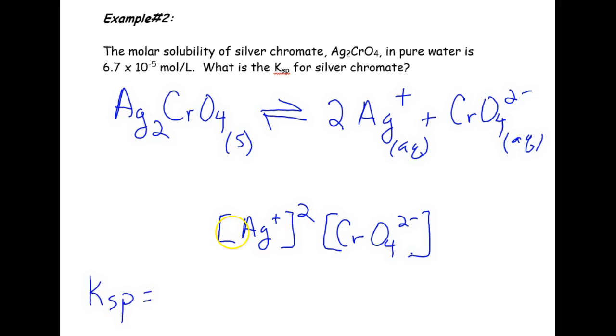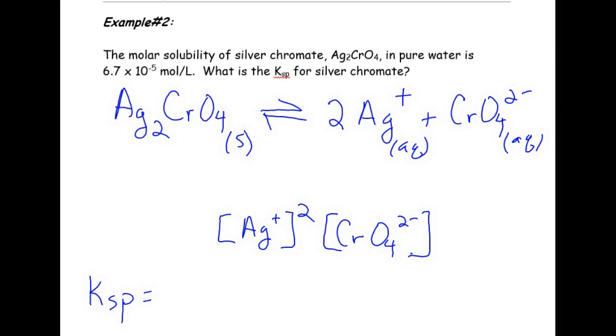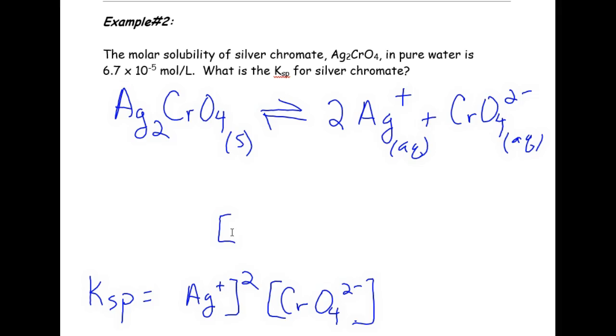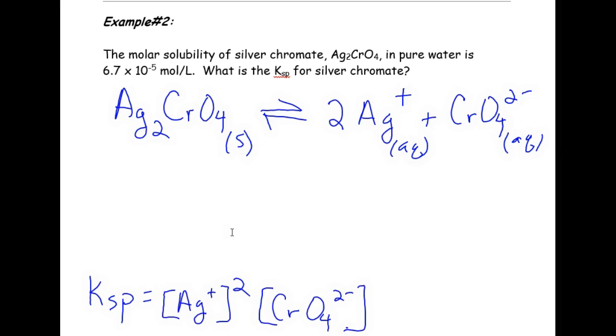So I'm just going to put these aside for a little bit. Over here, I'm going to think about how to fill in my ice chart. Alright, so again, any solids are excluded from the equilibrium law.